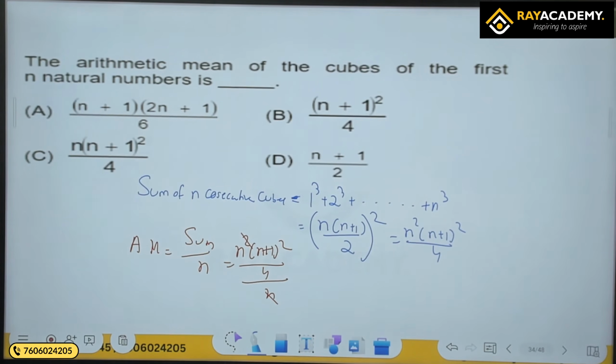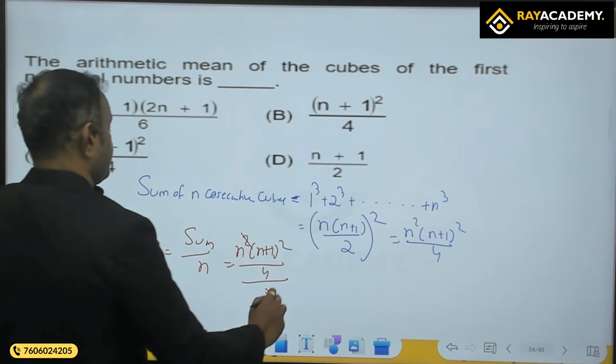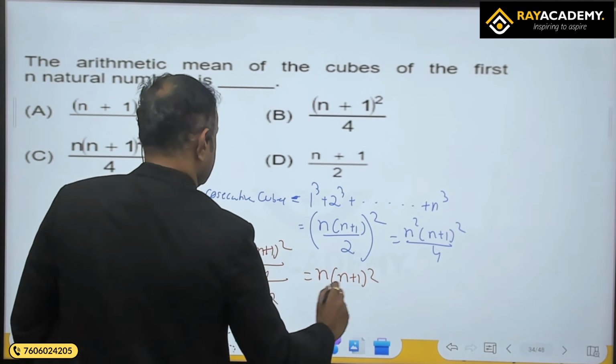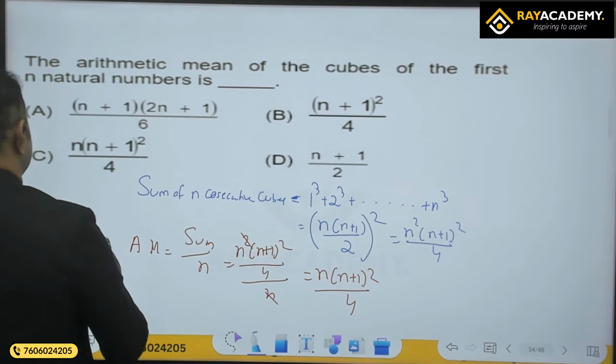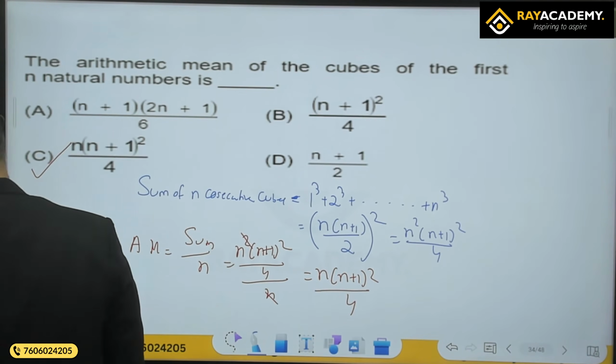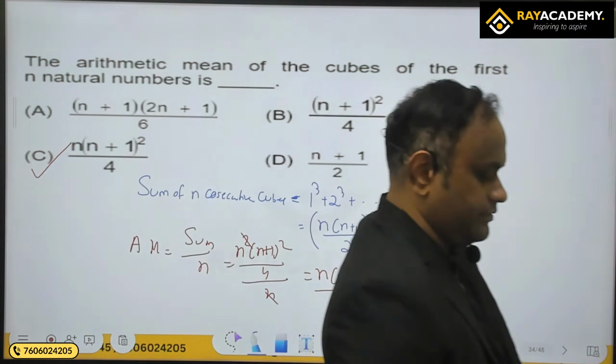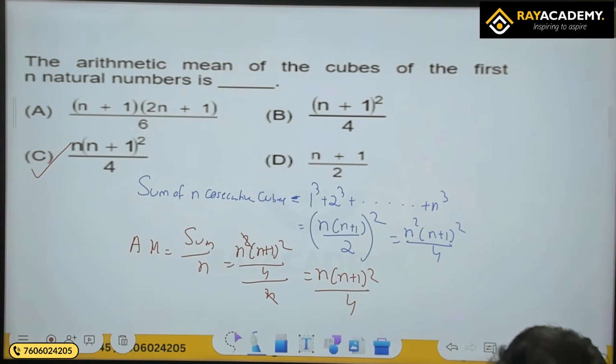Matching with the options, it is n into n plus 1 square by 4. So you have to remember the sum of n consecutive numbers, sum of n consecutive squares, and sum of n consecutive cubes. That is very, very useful.